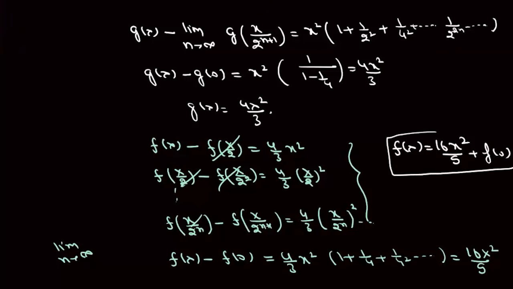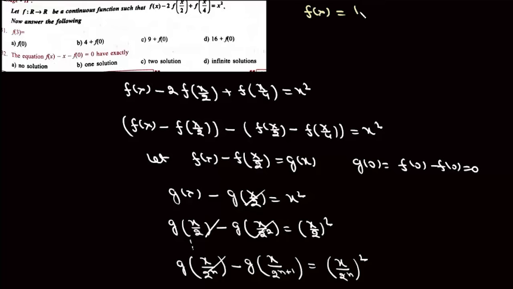So this is how we can find this function f(x). f(x) is given by (16/9)x² plus f(0). Now we need to find f(3). f(3) will be 16 into 9 by 9, so 16 plus f(0), and that's your option D. And the next one is the equation f(x) minus x minus f(0).